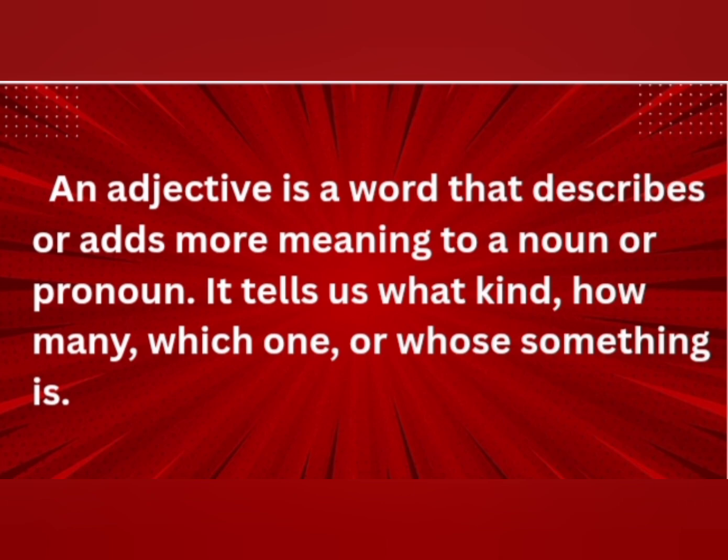It tells us what kind, how many, which one or whose something is. That means an adjective tells us something more about a noun or a pronoun. We get to know something more. So that is an adjective.